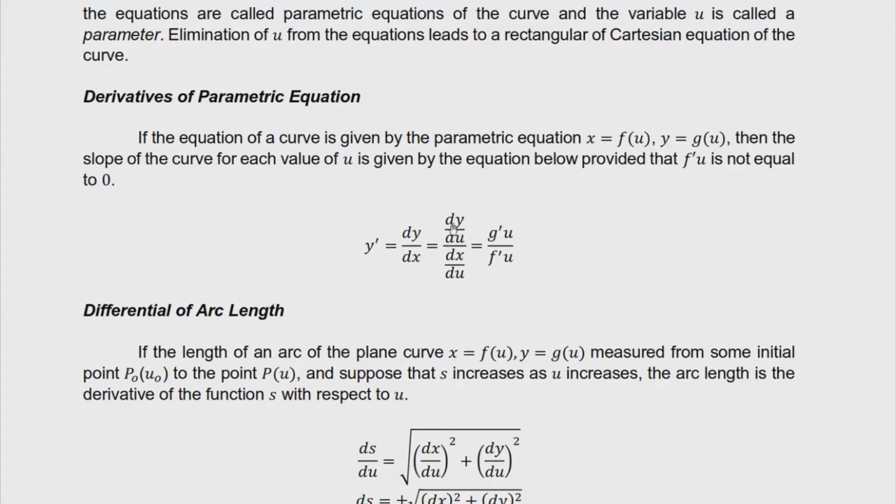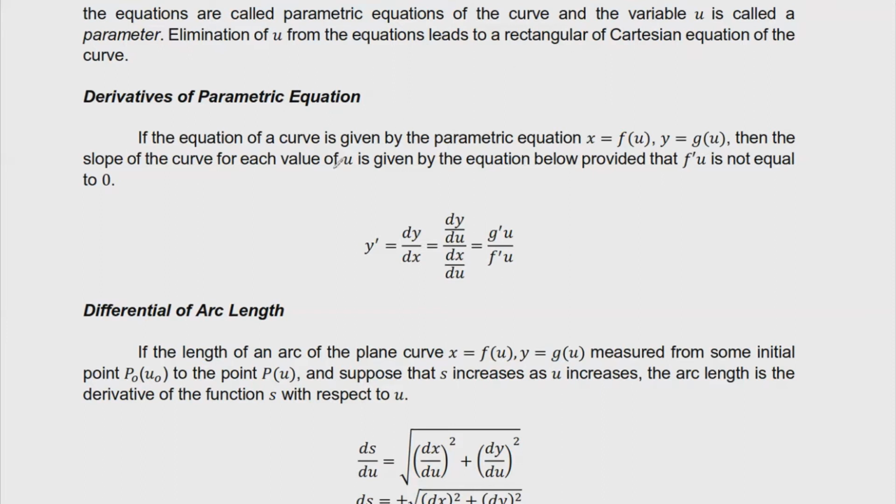When we express this in terms of u, it is dy over du divided by dx over du, since differentiating with respect to u gives a complete derivative because it is a pure function of u. So we simply take the derivative of g of u and divide it by the derivative of f of u. That is the expression of our slope.